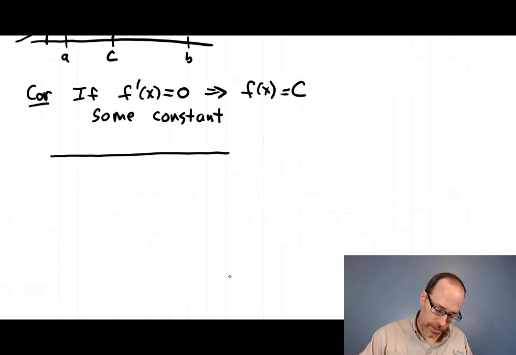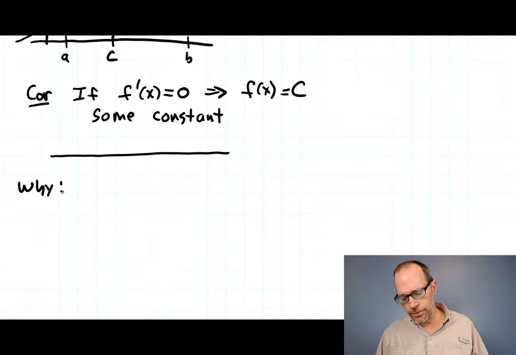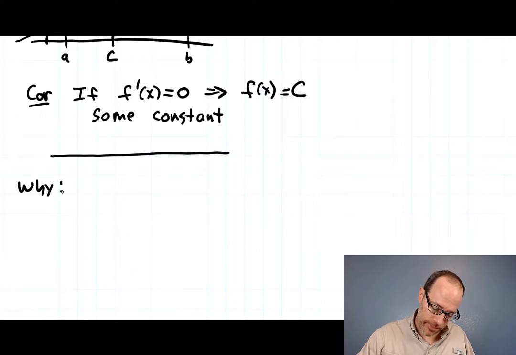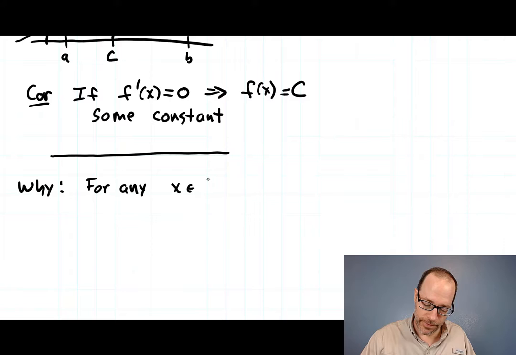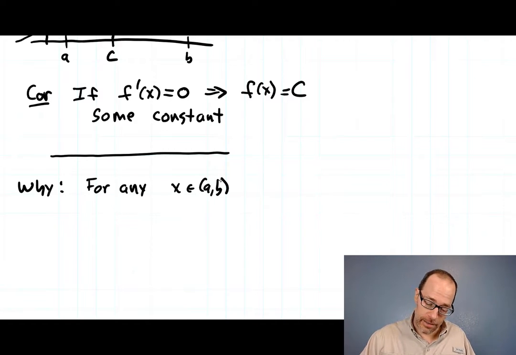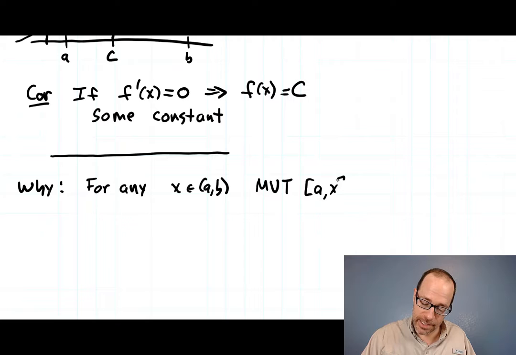And the reason why this corollary works, if you write this very carefully, you should be a little more careful than I'm going to be, but let's write it this way because it has all the ideas. So for any x in this interval here, we can still look at the mean value theorem's effect on the interval going from a just to x.